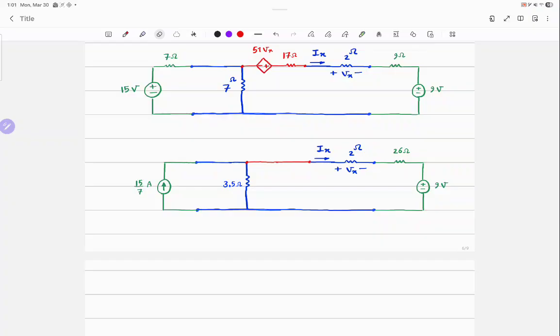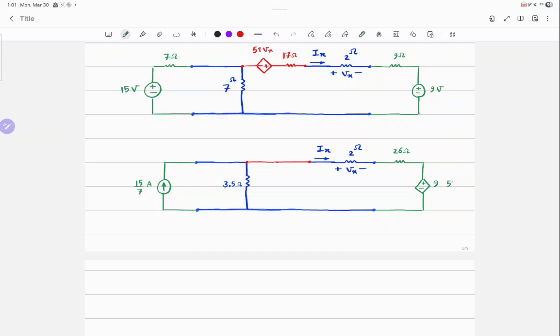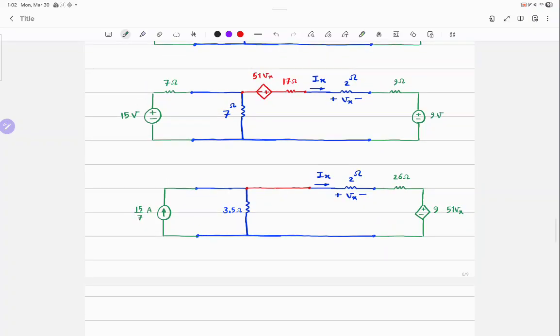I will do it next step, not to confuse. Plus or minus? Minus. Right?